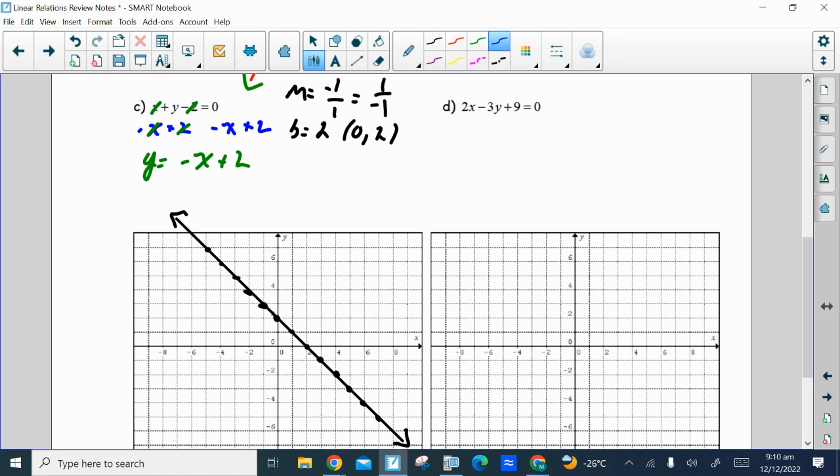Question D, that is a line because there's no exponents, but it's not in slope-intercept form because we don't have y by itself. To do that, I think the easiest thing to do would be to start by adding the 3y to both sides. So they cancel on the left, and you're left with 2x plus 9 equals 3y.